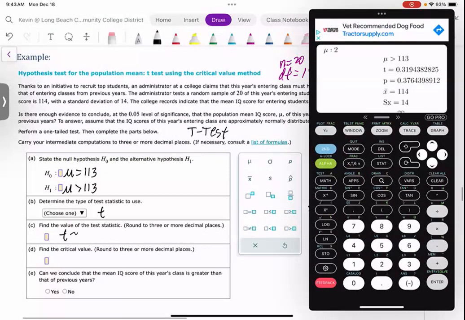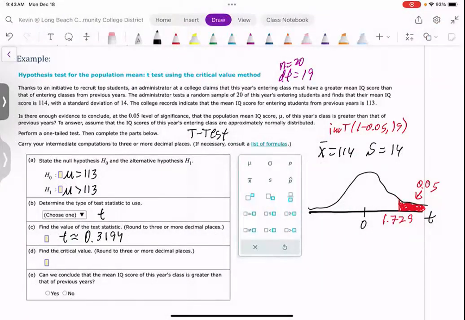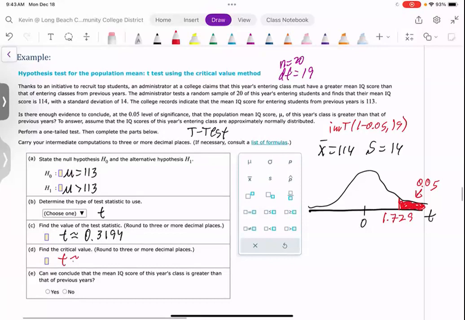So t is about 0.3194-ish. Critical value we already found, so they're using the critical value method for this one. That's fine. And we can clearly see that this is not in the critical region. We're way over here.